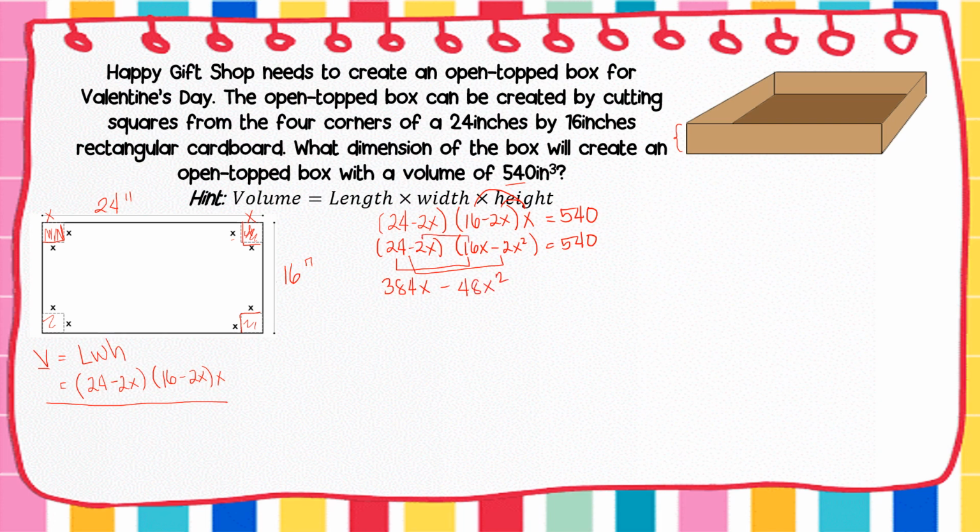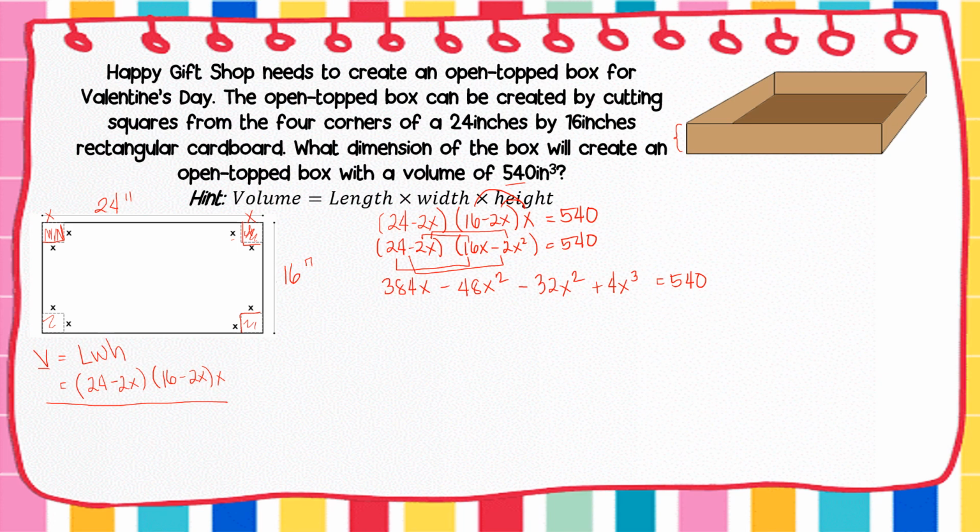Inner, negative 2 times 16 is negative 32x squared. And then last, we have negative 2x times negative 2x squared, positive 4x cubed equals 540. Okay?